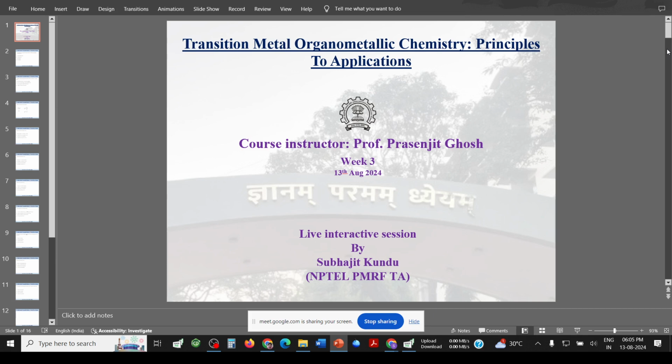Now in this week we discussed the properties of these transition metal sigma alkyl complexes, mainly their stability, under what conditions they are stable and under what conditions they are not. In terms of stability we introduced the term beta hydride elimination, or beta hydrogen elimination. Beta hydrogen elimination is a major route for the instability or decomposition of transition metal alkyl complexes.